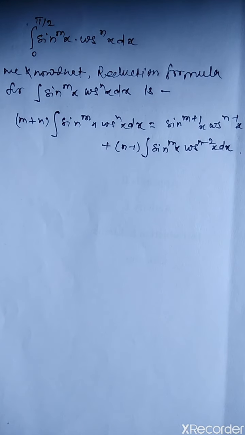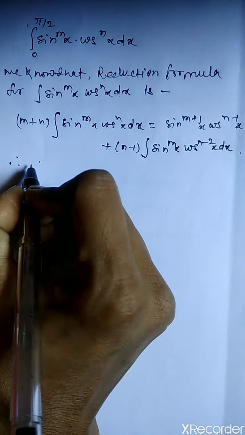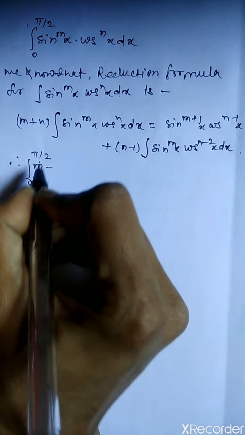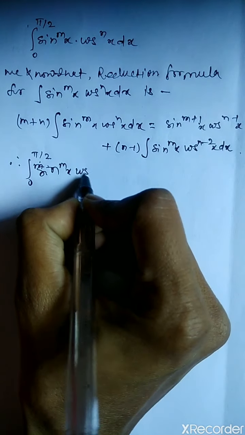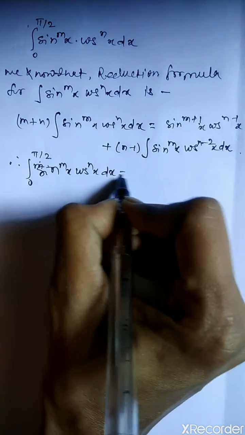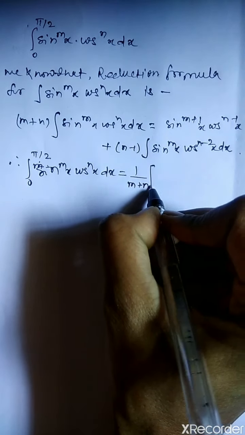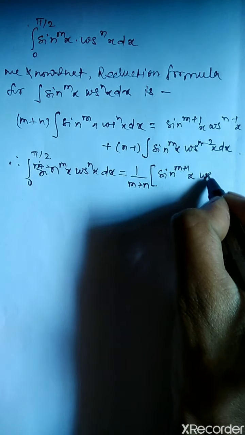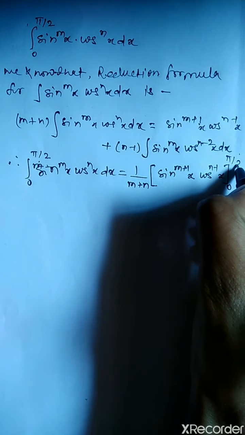So let us put this value here. Therefore, 0 to pi by 2, that is sin mx into cos nx dx equal to, so let us put the value here. 1 by (m plus n) is common, so here is sin (m plus 1)x into cos (n minus 1)x over 0 to pi by 2.